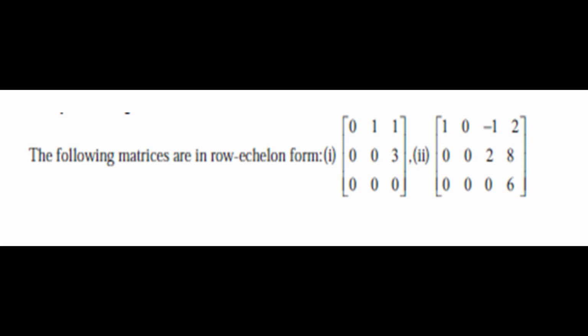The first non-zero entry in the second row occurs in the third column and it occurs to the right of the first non-zero entry in the first row, which occurs in the first column. So the matrix is in row echelon form.